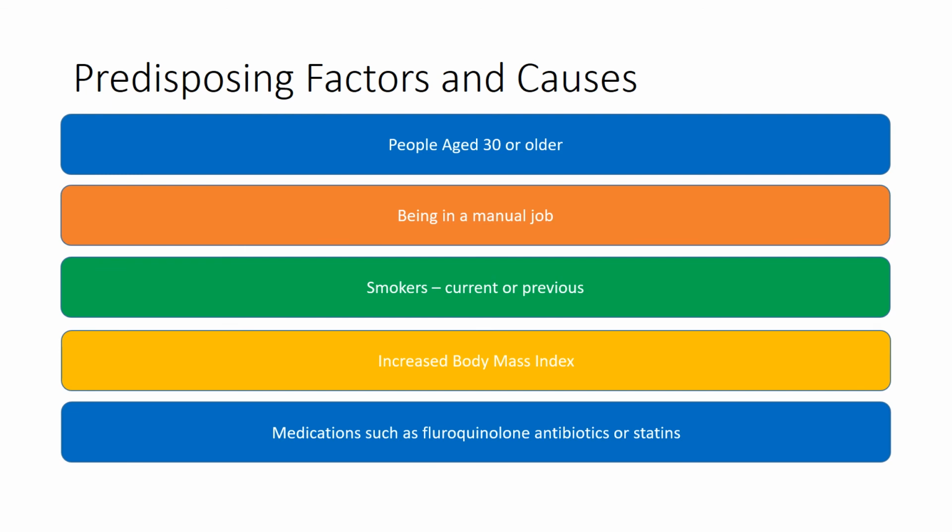We know that that has an effect on the way the body can regenerate cells and repair itself. Having an increased body mass index or being obese, or taking medications such as fluoroquinolone antibiotics or statins.